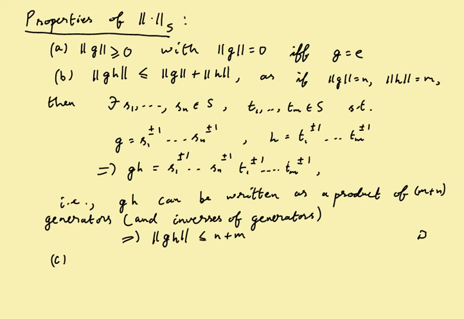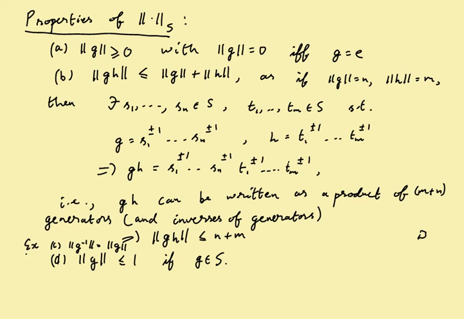We also see another simple fact, which is (d): norm g is less than or equal to 1 if g belongs to S is a generator. This by definition can be written as one letter. Oh, I forgot to add, let me call this (c), the more fundamental property: the norm of g inverse equals the norm of g.